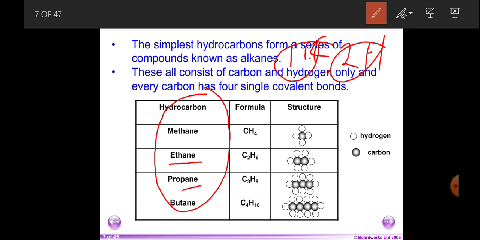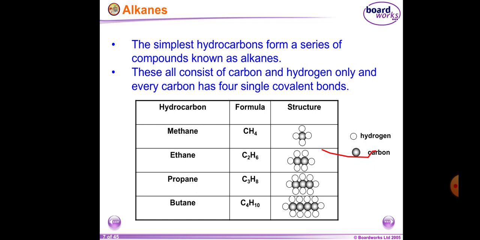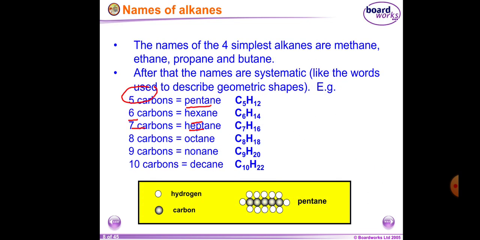If we look at the example of our next members, you're going to notice that pentane has 5 carbons and 12 hydrogens. Then hexane has 6 carbons, meaning you add 1 carbon, and 14 hydrogens, meaning you add 2.